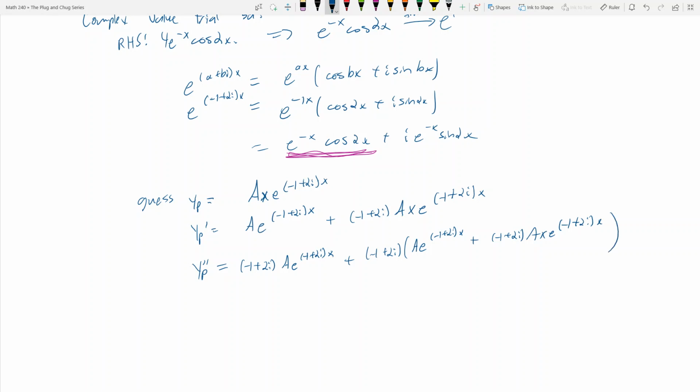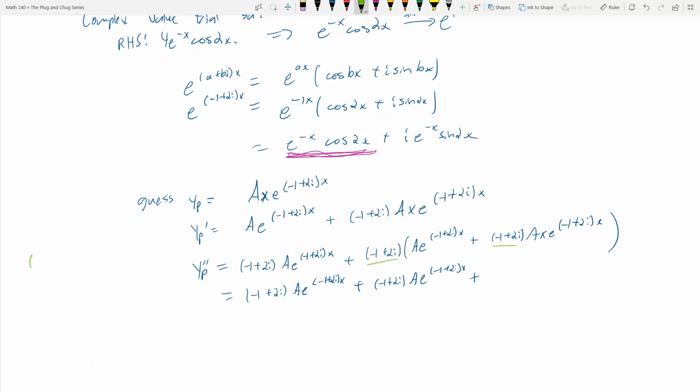All right, so now let's simplify. What do I get? So now this is (-1 + 2i) a e to the (-1 + 2i)x plus (-1 + 2i) a e to the (-1 + 2i)x plus, and now I got (-1 + 2i) times (-1 + 2i).